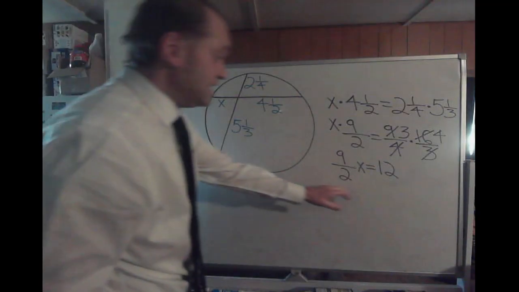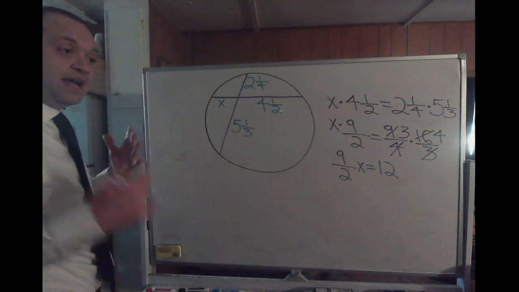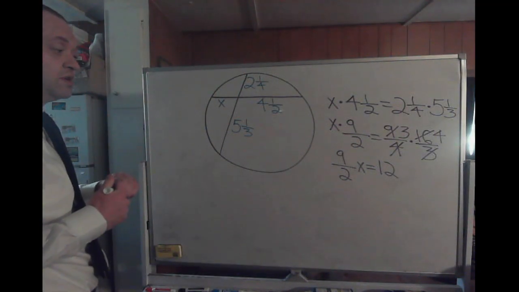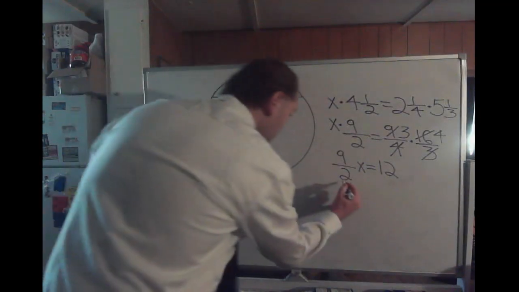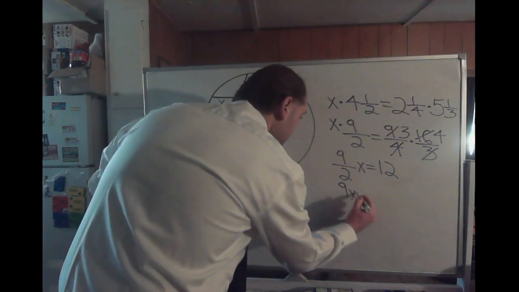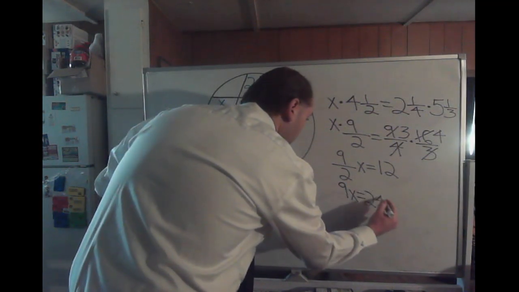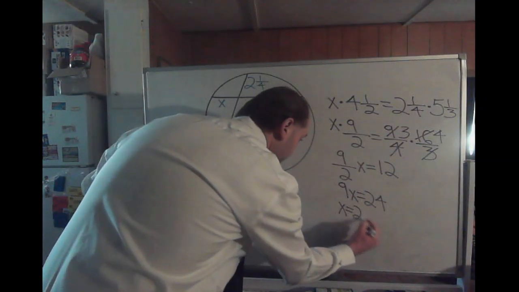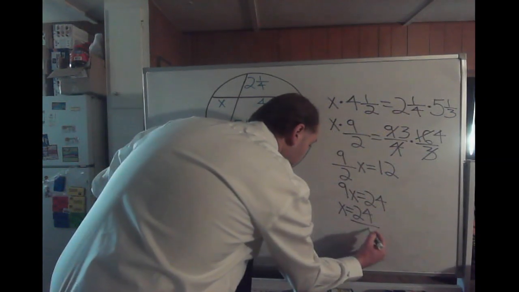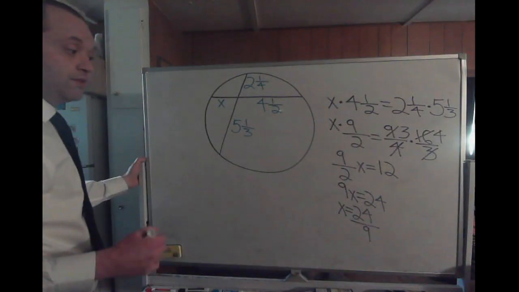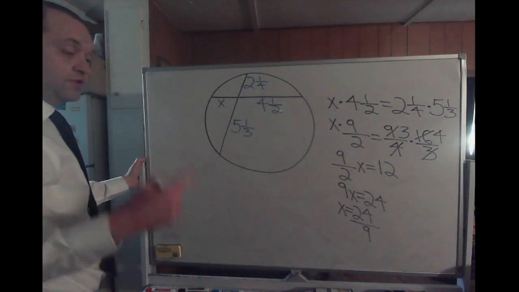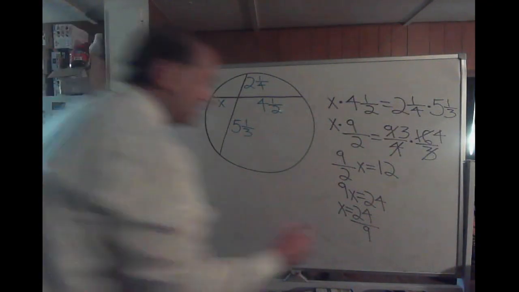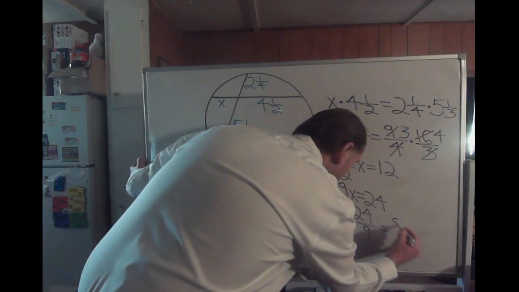So it simplifies down now into 9/2 x equals 12, which would turn into 9x equals 24, which would have to mean that x equals 24 over 9, but both of those can reduce further by 3, right? If you reduce both numerator and denominator by 3, you end up getting 8/3.